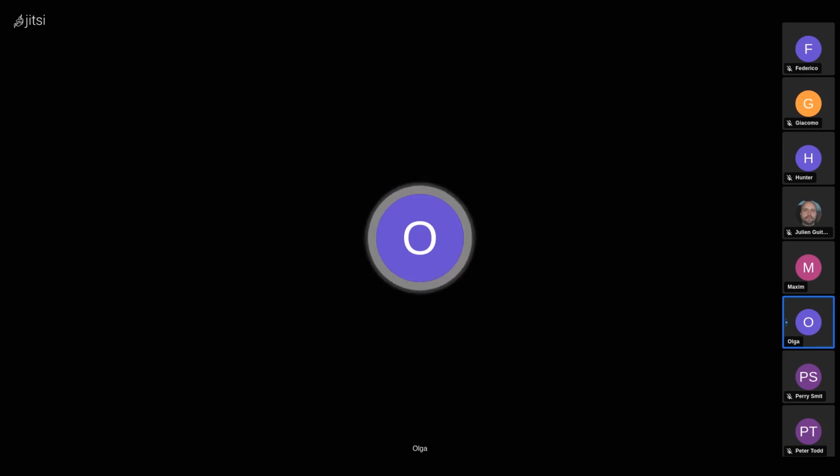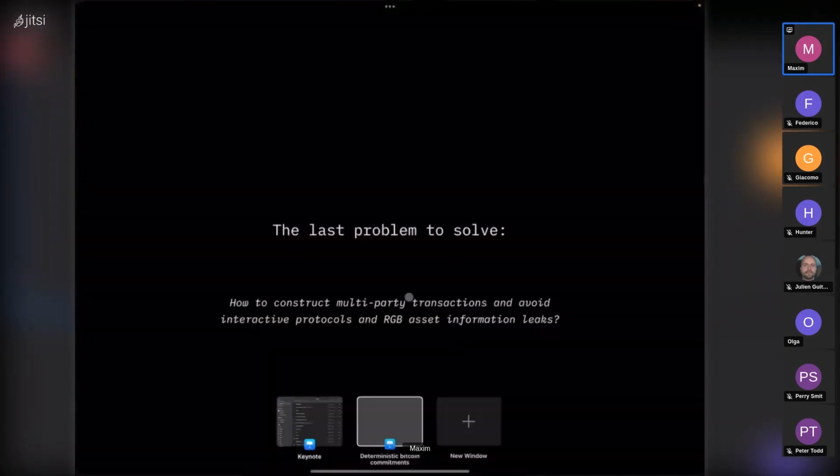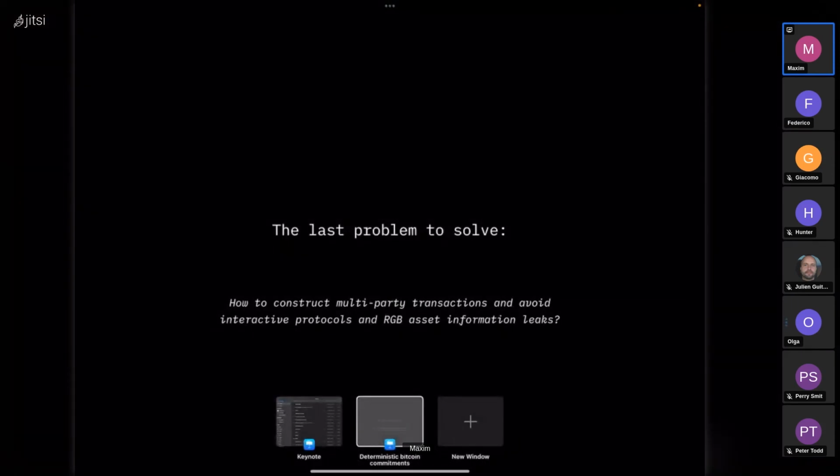So the question was, if you implement op return in addition to tap return, will Taproot support still be mandatory for RGB wallets? No. Well, I guess the answer could be more nuanced.